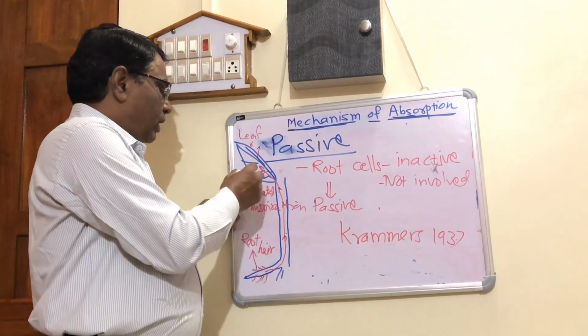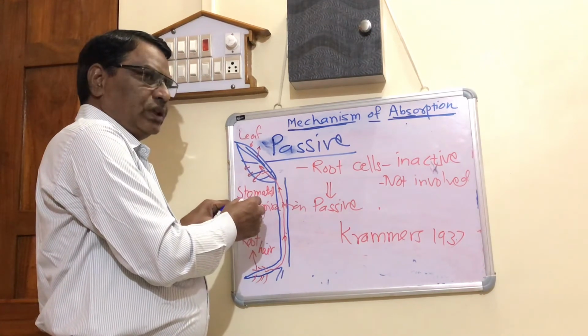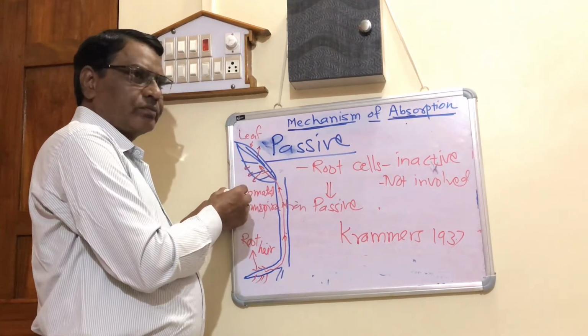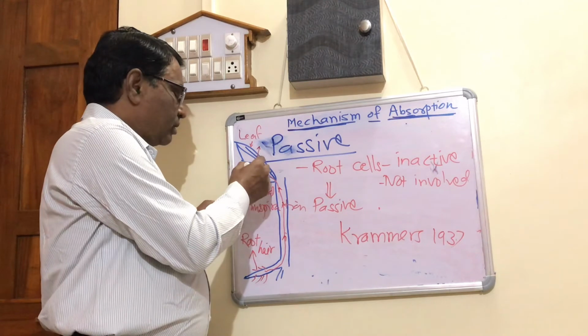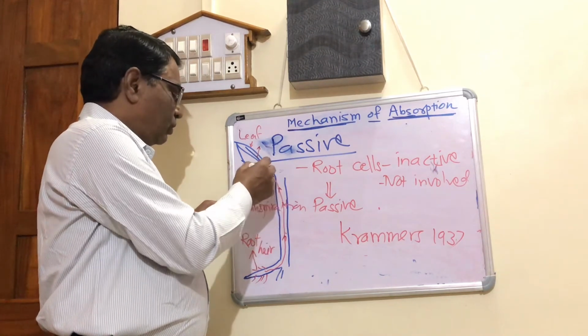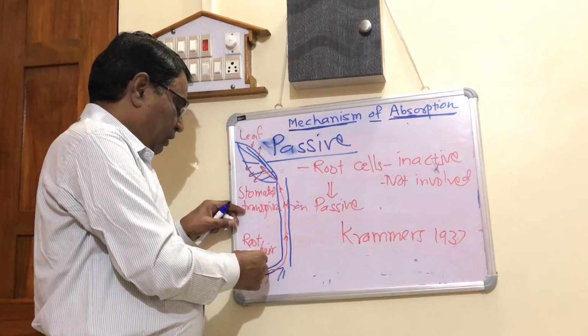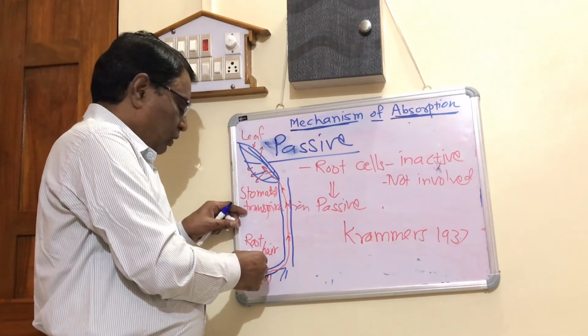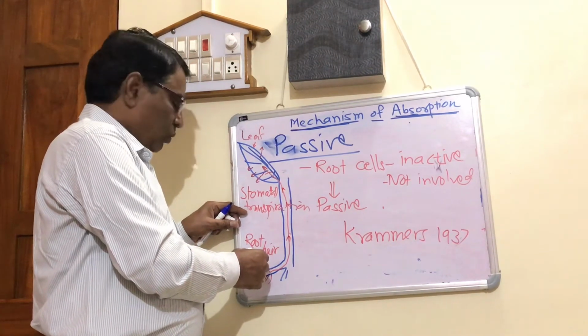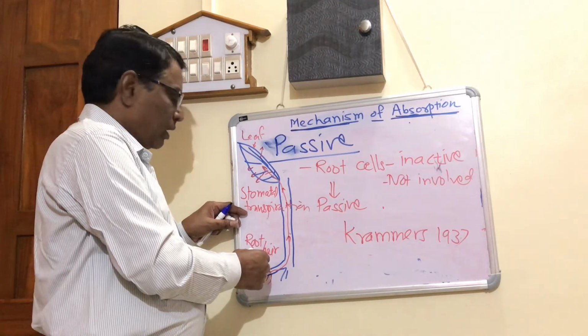So whatever tension the stomatal transpiration creates remains continued through a water column, and ultimately the tension is brought to the root or root hair region.